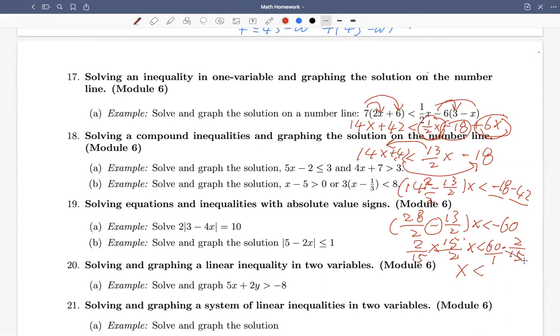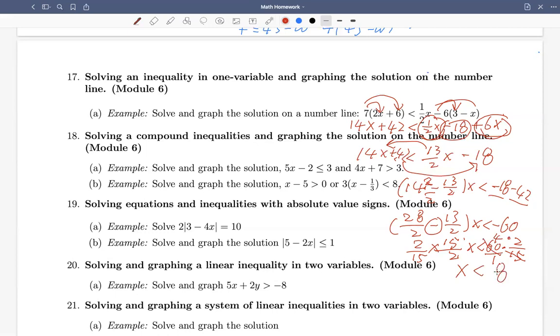We see 15 is the denominator and 60 is the numerator, so we can perform cancellation. 15 is a factor of 60; 60 is 4 times 15, so 15 goes into 60 four times. Then it becomes 4 times 2, so 60 divided by 15 is 4, and 4 times 2 is 8.